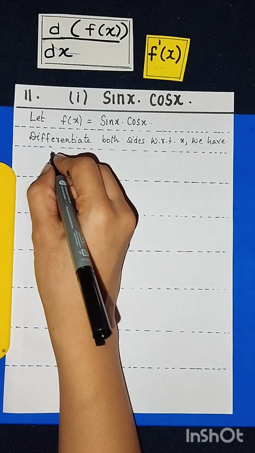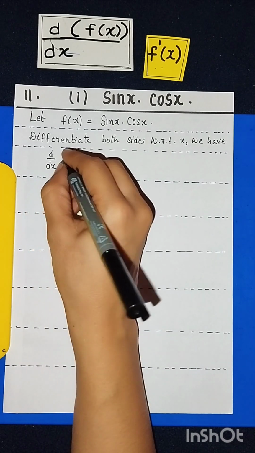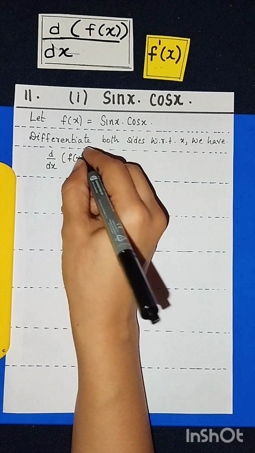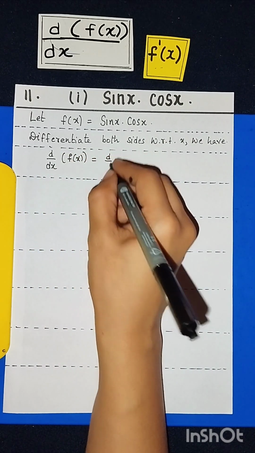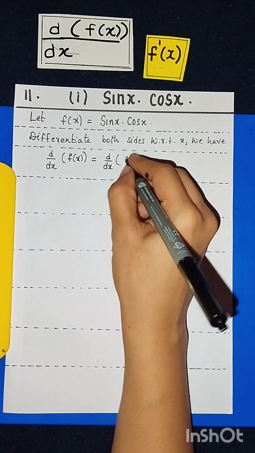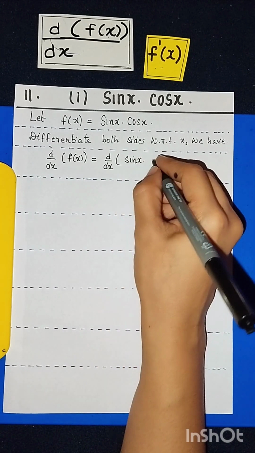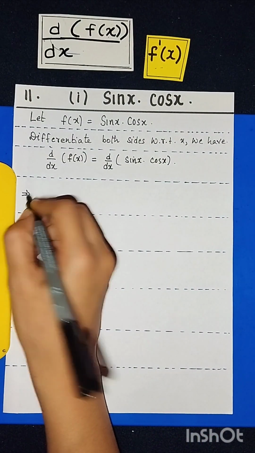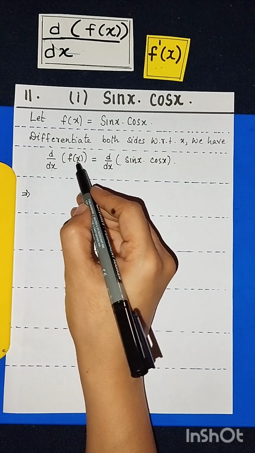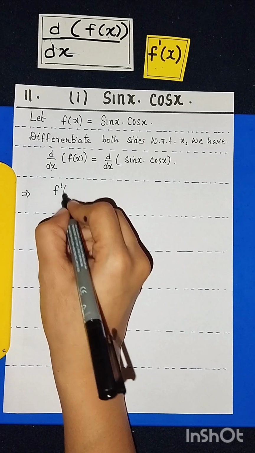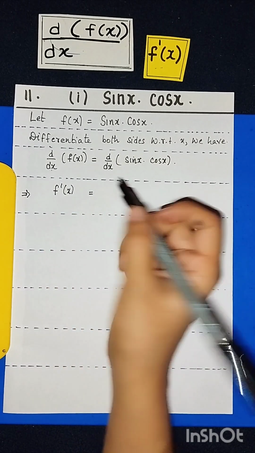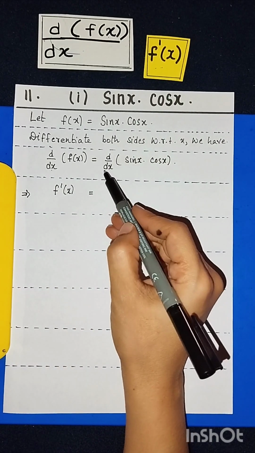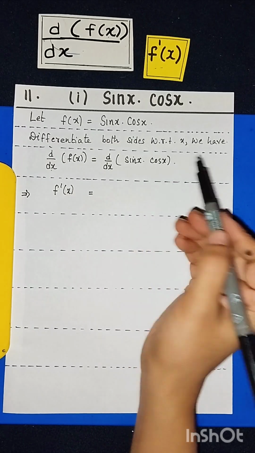We have d by dx of f of x is equal to d by dx of sin x into cos x. Now this implies d by dx of f of x is nothing but f dash of x, the derivative, right? Now d by dx of sin x into cos x.